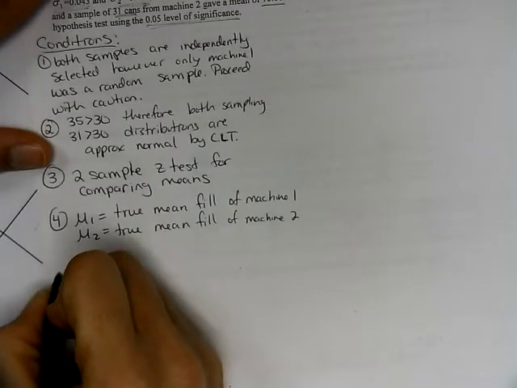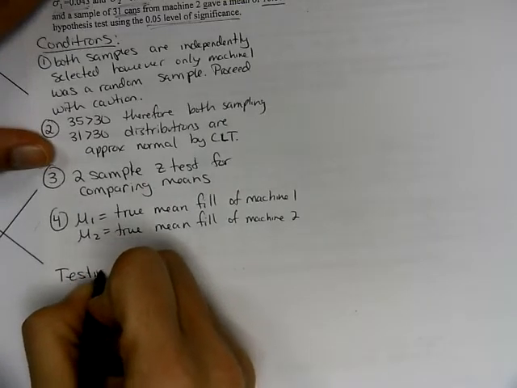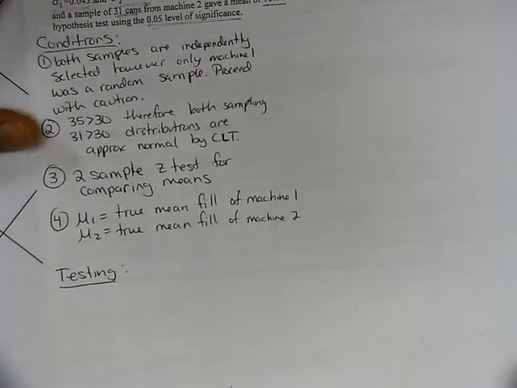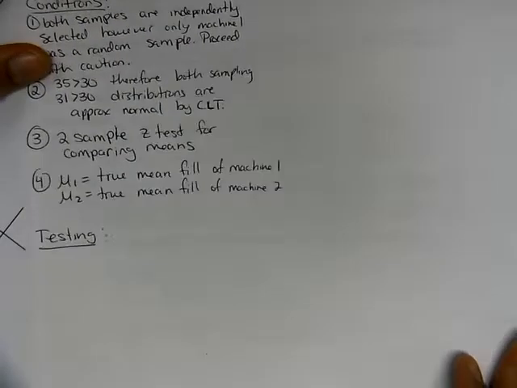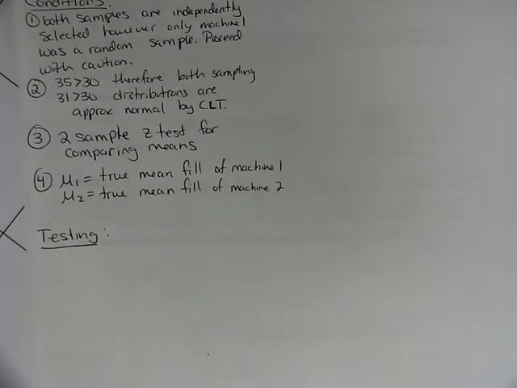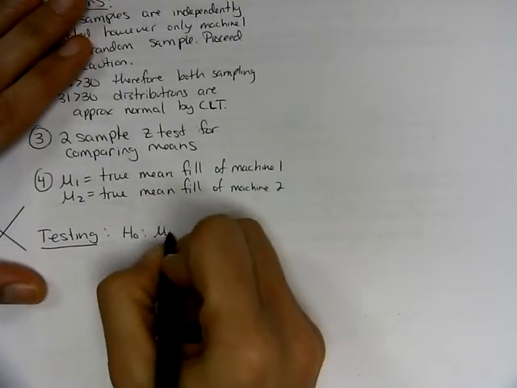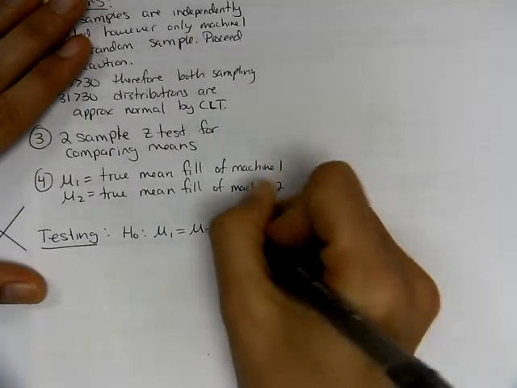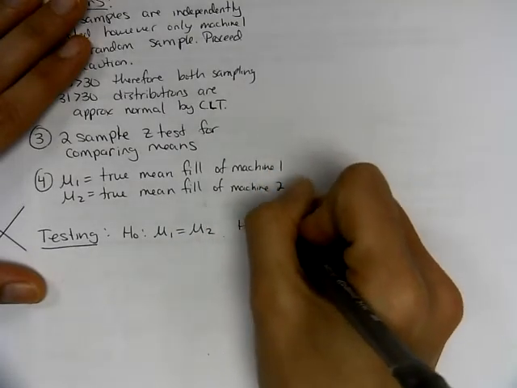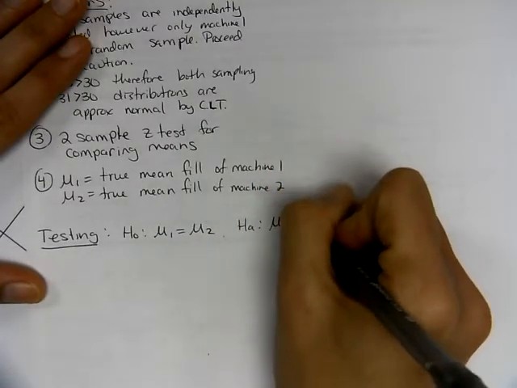Okay. So for our testing section, there's no hypothesized value here. We're just looking at, are they the same or not? So for our null hypothesis, we're going to say mu1 is equal to mu2. Our alternate is that mu1 is not equal to mu2.